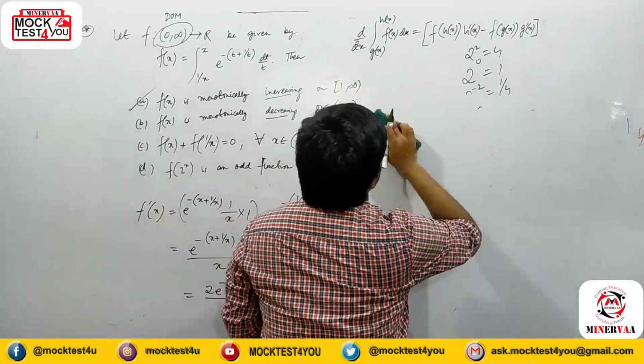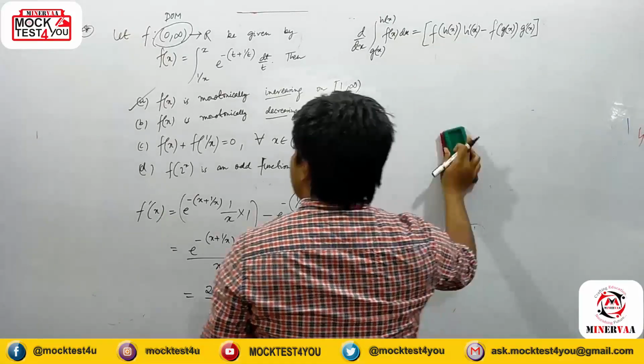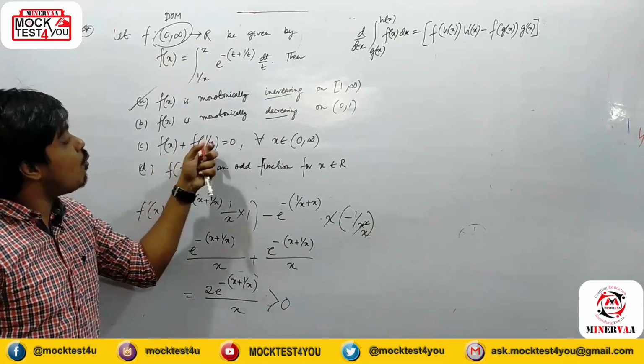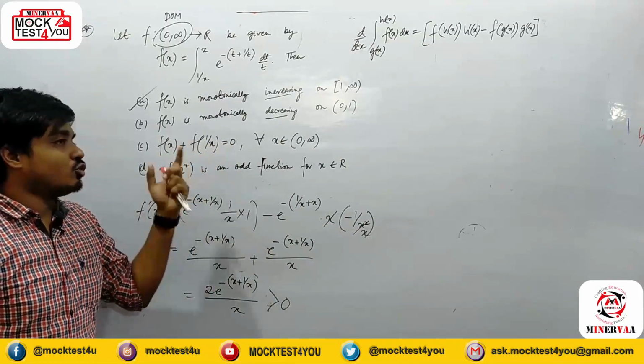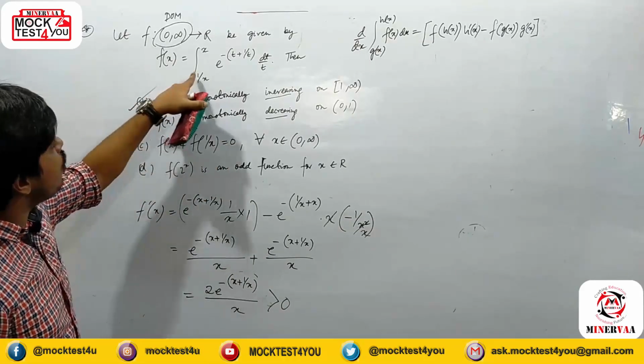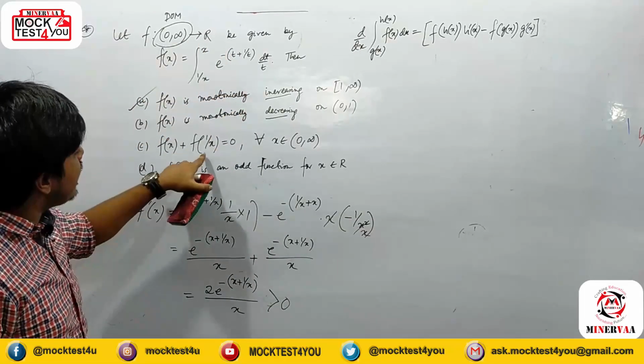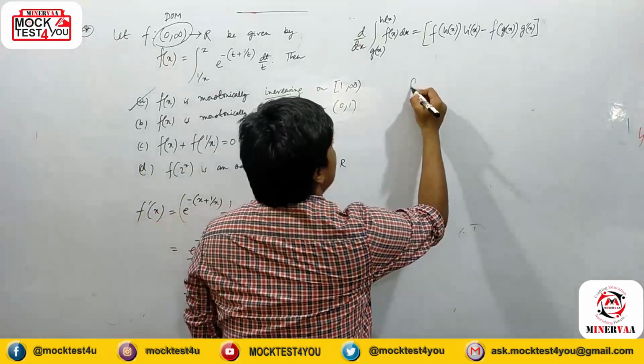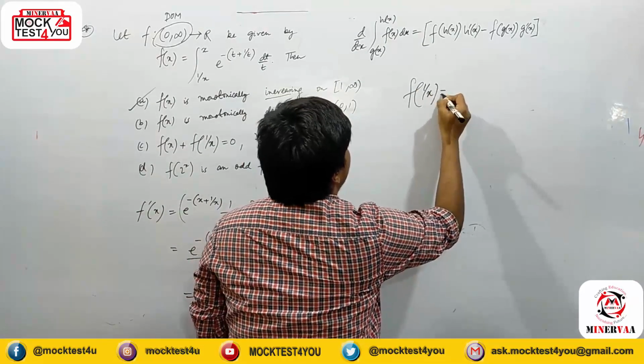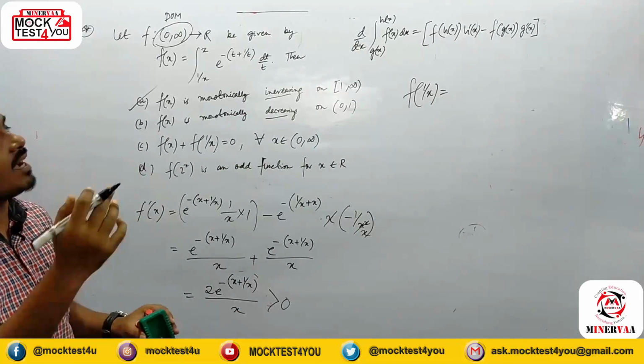So option number C, it says that f(x) plus f(1 by x) equal to 0. So let's prove that thing. So f(x), I know it's this one, right? Let us find f of 1 by x. So f of 1 by x is what? Wherever there is x, put 1 by x.